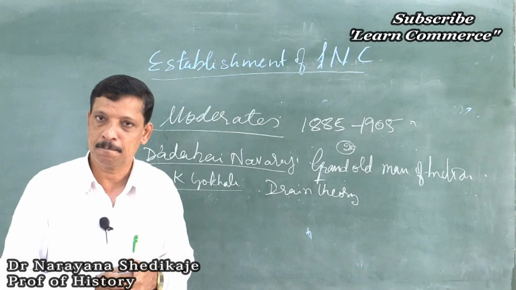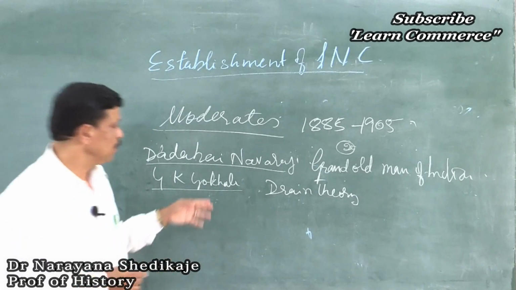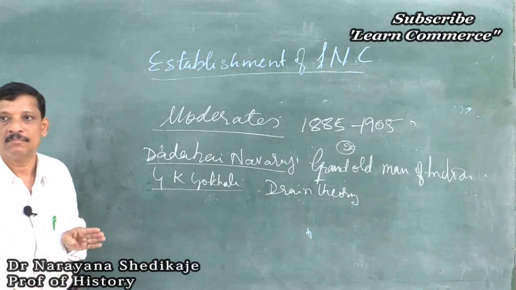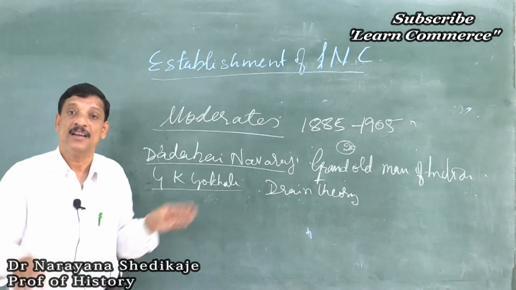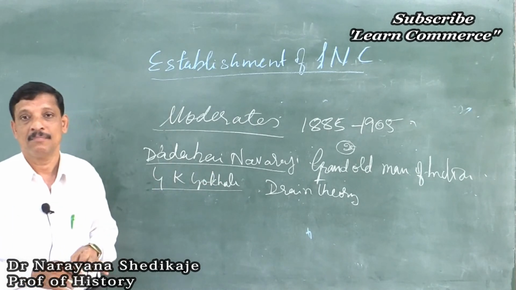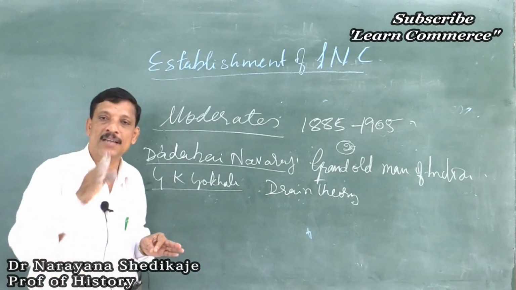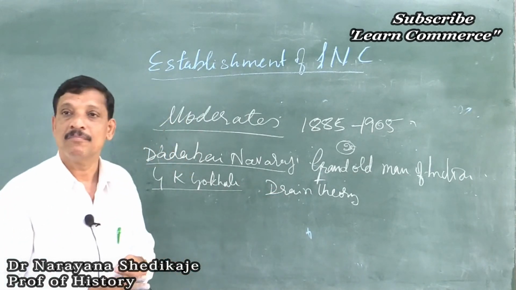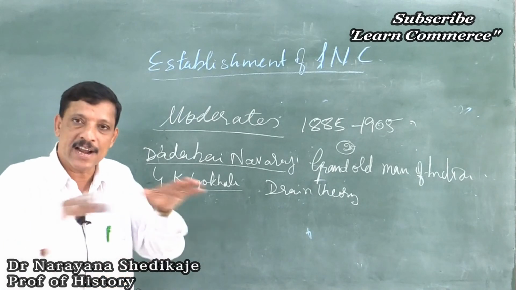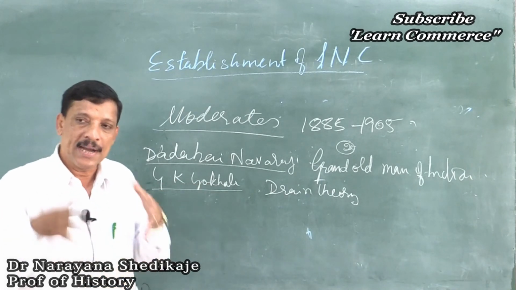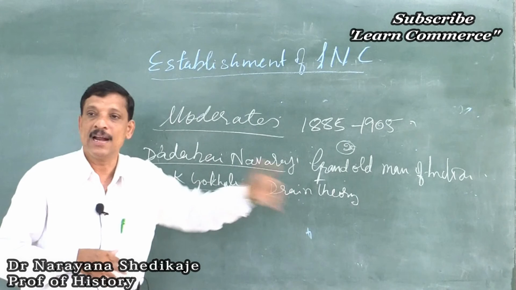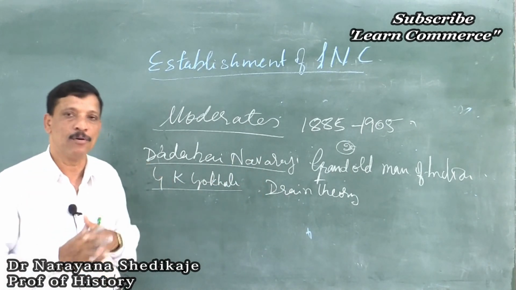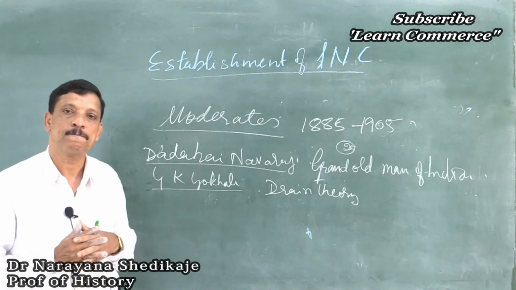First by trade, mercantile capitalism; then by establishing industry, industrial capitalism; and by giving loans and other things, which is the last stage, financial capitalism. In these three stages, how India's wealth drained to England was clearly depicted by Dadabhai Naoroji in his drain theory.